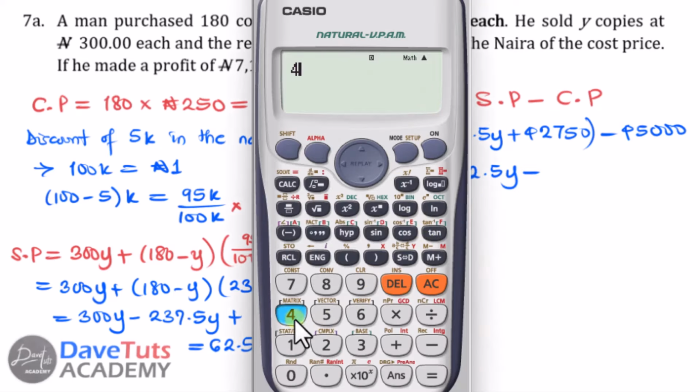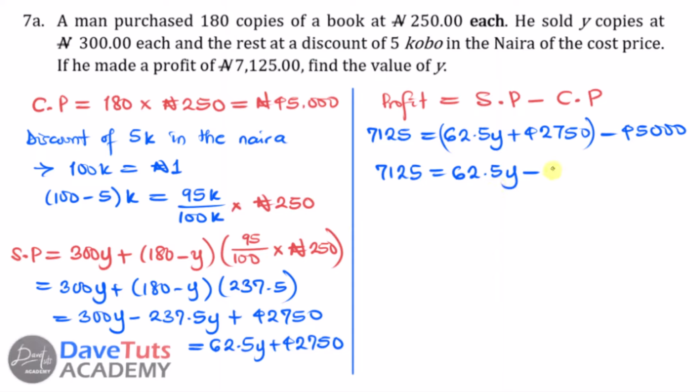So we can say 42,750 minus 45,000 is minus 2,250. Such that if we rearrange, I can have 62.5Y is going to give me 7,125 plus 2,250.